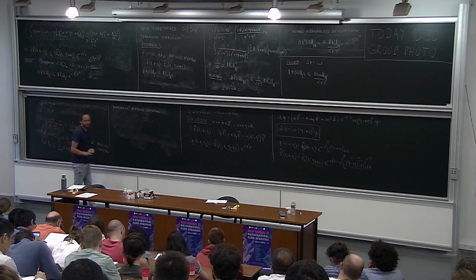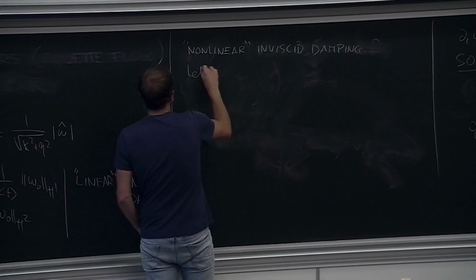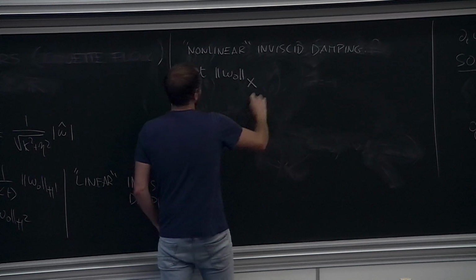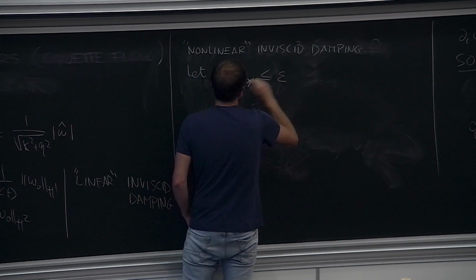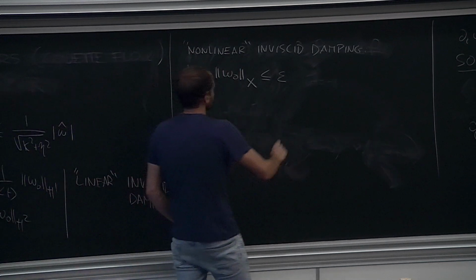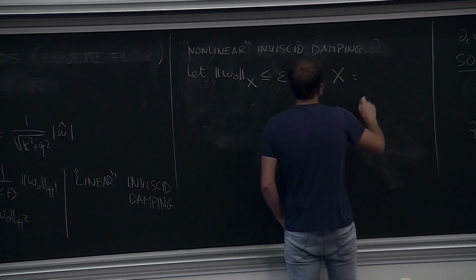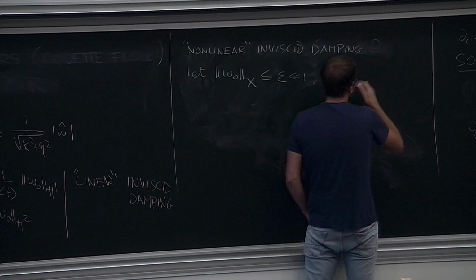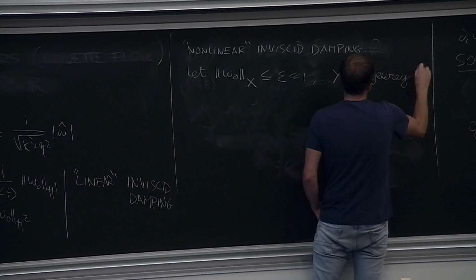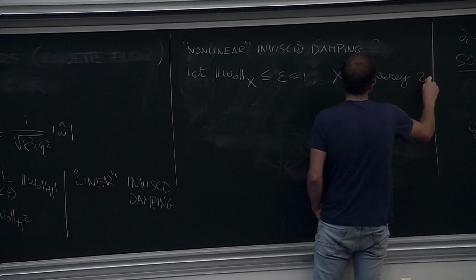the result would read something like that, very loosely speaking: let now omega 0 in some space be smaller than epsilon, small, where the space is of infinite regularity, so almost analytic, Gevrey 2-ish.